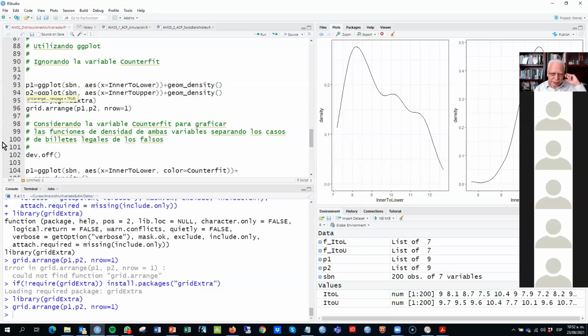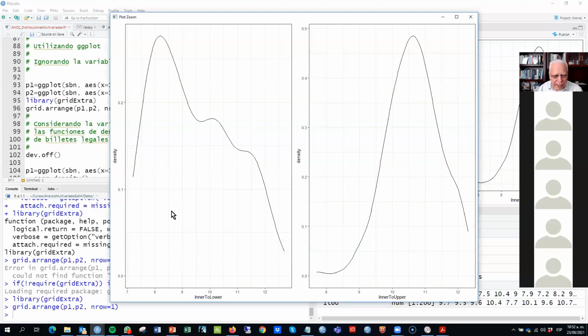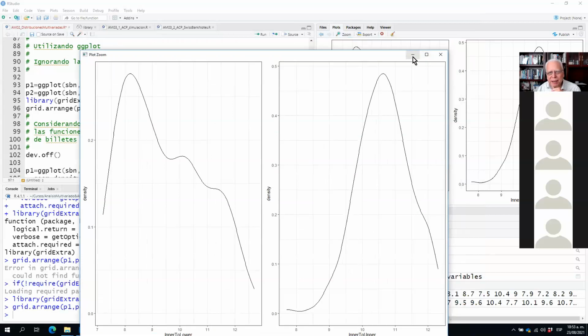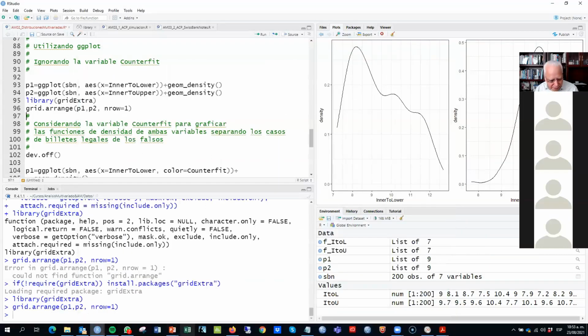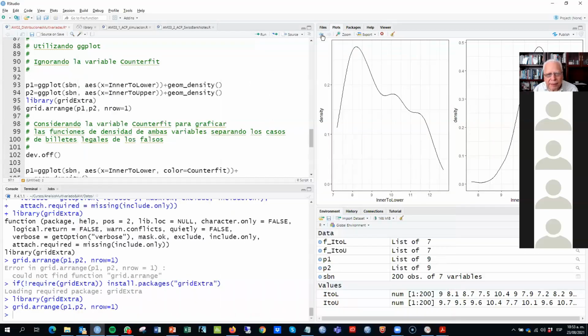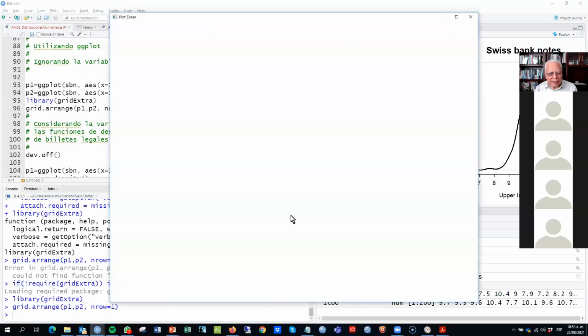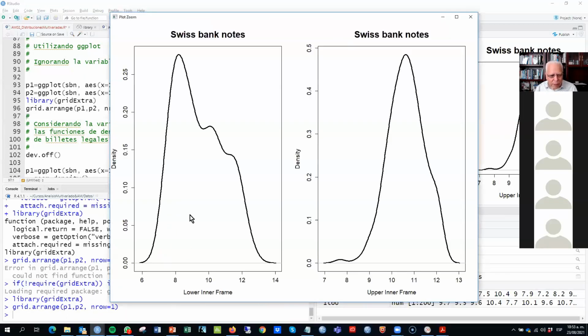Okay. Here are the two graphs, the inner to lower and the inner to upper. They're similar to the graphs we saw earlier. Now I want to close it. These graphs end differently than we expected.